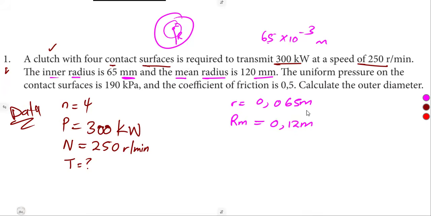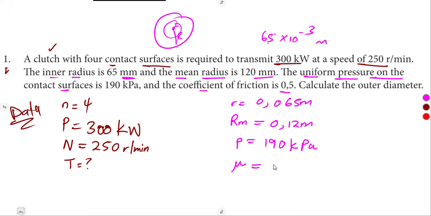All right. Another part is the uniform pressure on the contact surfaces. Remember that the pressure is uniform at 190 kilopascal. And the coefficient of friction is given, meaning there's friction to be considered.